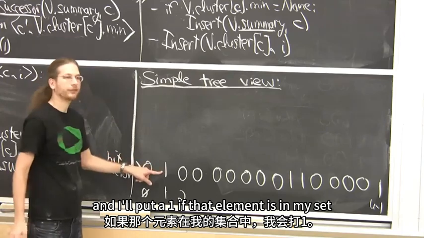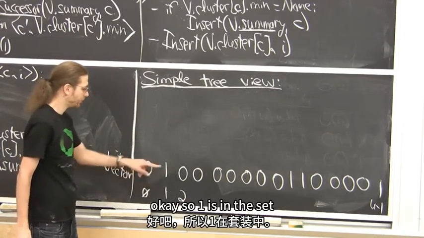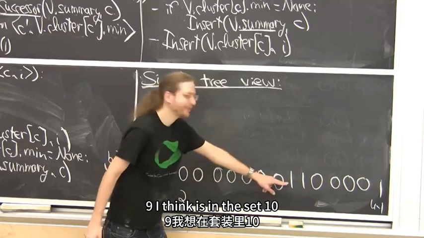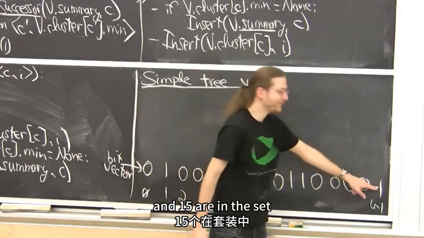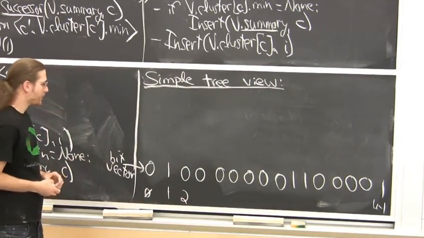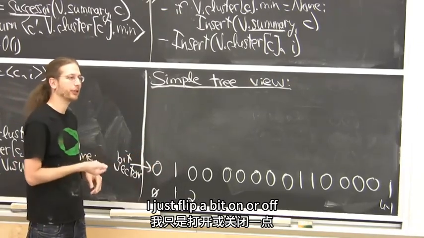And I'll put a 1 if that element is in my set and a 0 otherwise. So 1 is in the set, 9 I think is in the set, 10 and 15 are in the set. I kind of want to maintain this. This is, of course, easy to maintain by insertions and deletions. I just flip a bit on or off.